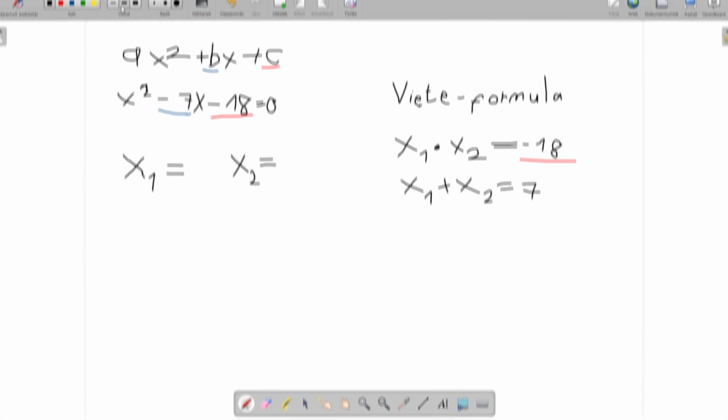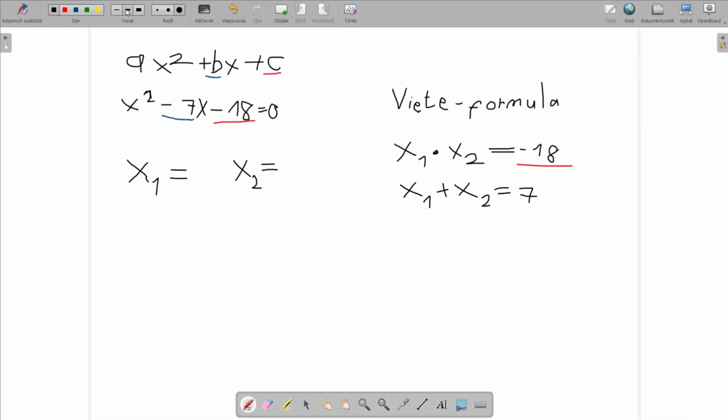Next up, we will have some factoring practice. So what do we have here? Well, we have the Vieta formula, which basically states that if we would like to get the two solutions for this problem, we would use this formula, and if you add the two solutions together, you will get the opposite of this b, which is the number we multiply by the first degree expression in a polynomial.